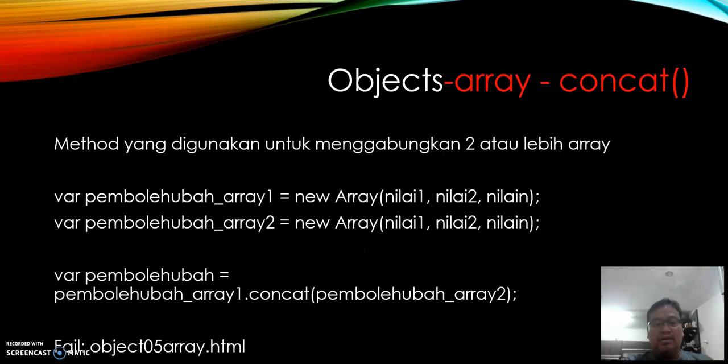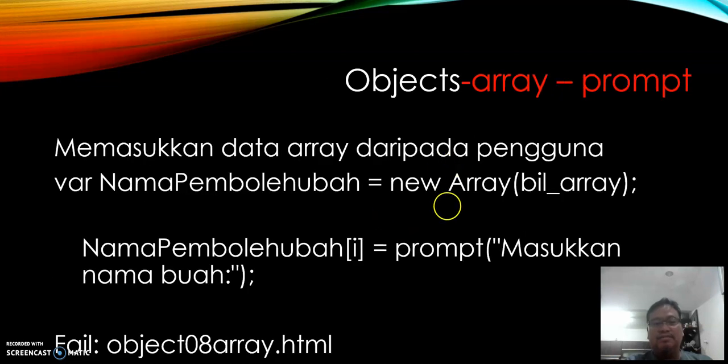Inside this part also, how can we insert new array values from the user? For example, here we have a variable, new array, and here is the number of array elements. Here we use prompt.